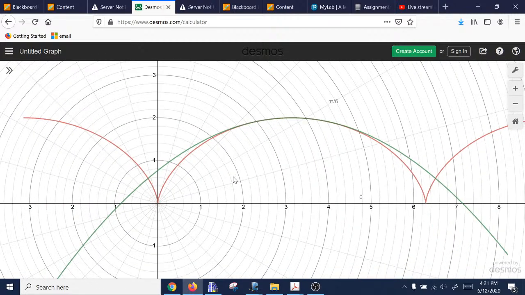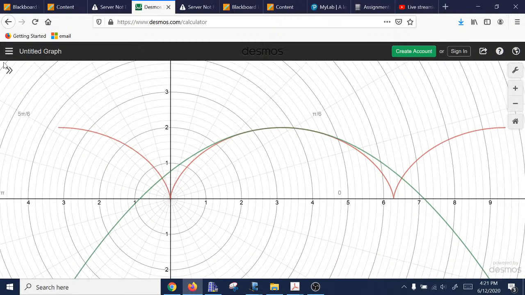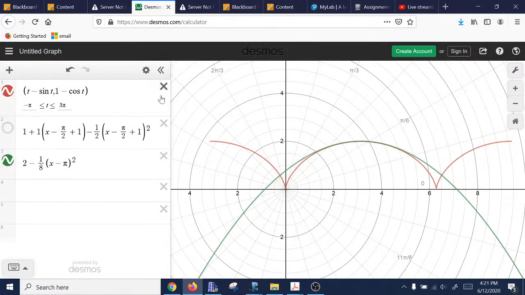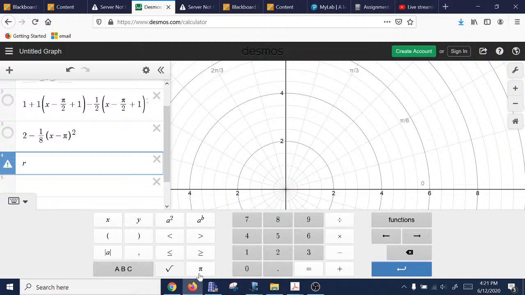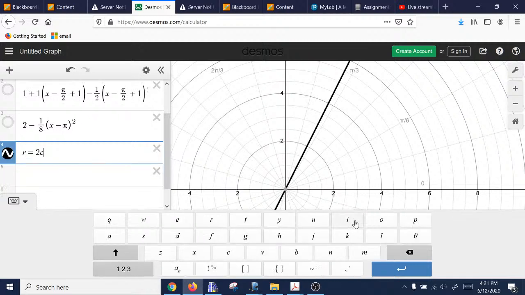I can get it to do that. Turn that graph off. If I just type in r equals 2 cosine theta, will it figure that out? It did. Cosine. Do I have a theta?